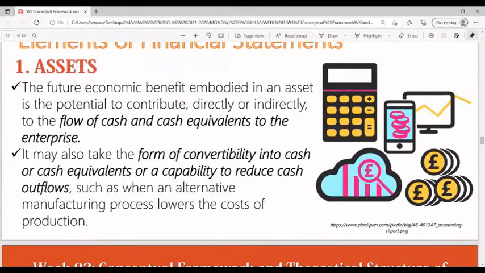So here, class, in the asset, kumbaga it is the resources of the entire business operation. What do you invest, or in the investment here: the cash, the inventories, the stocks, accounts receivables, yung lahat na nasa'yo, na napaloob sa yung mga property, machineries and equipment na kakailanganin mo at kailangan mo talaga in your business operation.